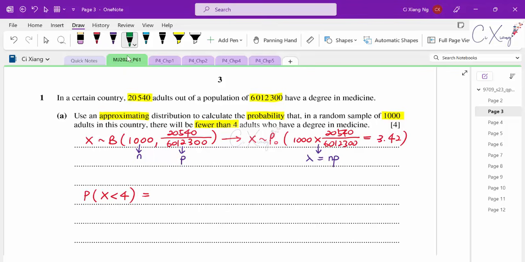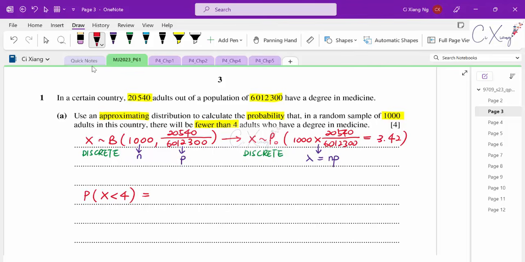Before we start, let us analyze again. For binomial distribution, it is a discrete random variable. And for Poisson distribution, it is also a discrete random variable. Therefore, no continuity correction is needed for this approximation, and I can straight away calculate the probability.